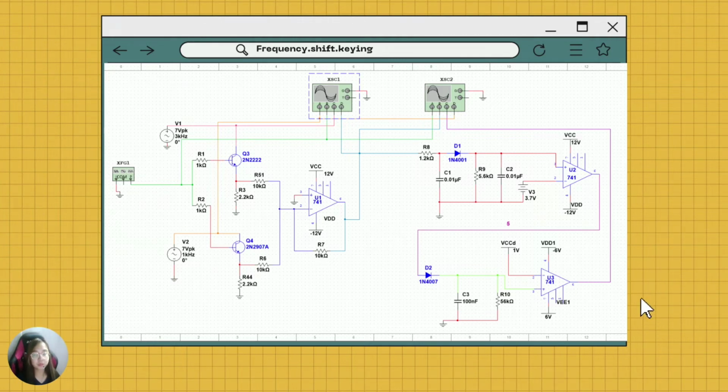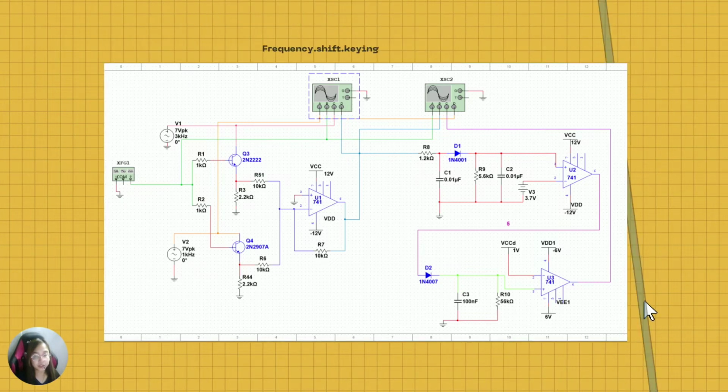The resulting output voltage of the two transistors is fed to the 741 operational amplifier that produces the FSK modulated signal. The demodulation circuit on the right side consists of an RC filter and oscillator that helps to generate a waveform to recover the information signal, same as the original input data, to produce a demodulated output.